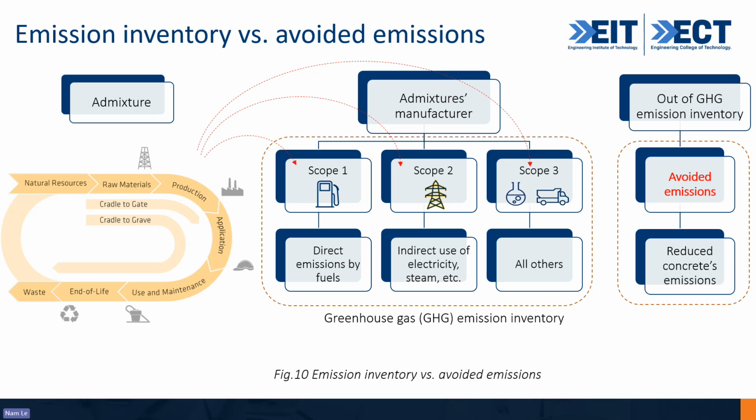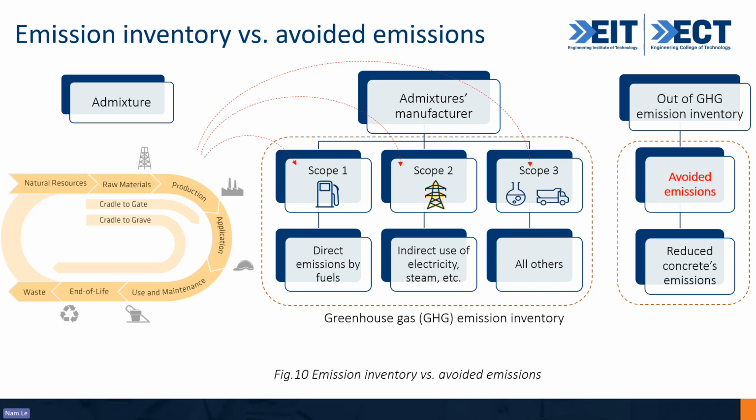And scope 2 is all the indirect use of electricity. Of course, we need to use electricity a lot, and the emission relevant to electricity will be reflected in scope 2. And scope 3 is all other things like the raw materials, all the services we have.